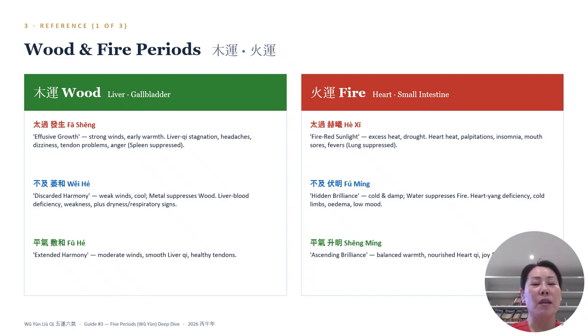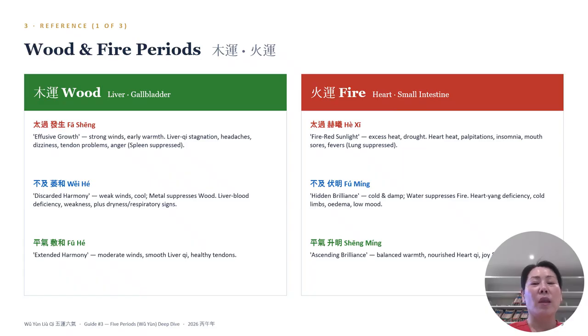In deficiency, Fu Ming, hidden brilliance: cold and damp take over because water suppresses the weak fire. You get yang deficiency, cold limbs, edema, and low mood. And balanced, Shang Ming, ascending brilliance: comfortable warmth, the heart nourished, a feeling of joy and clarity.